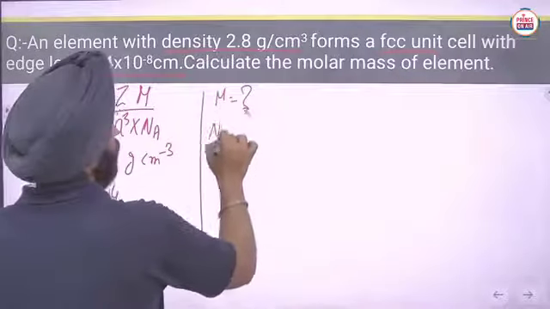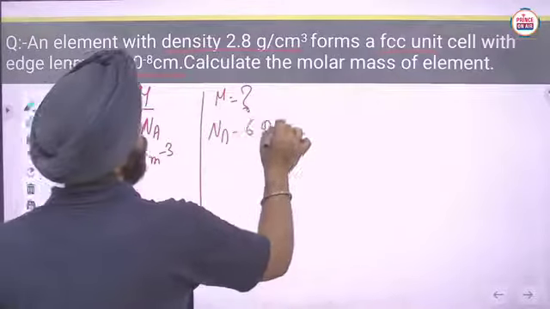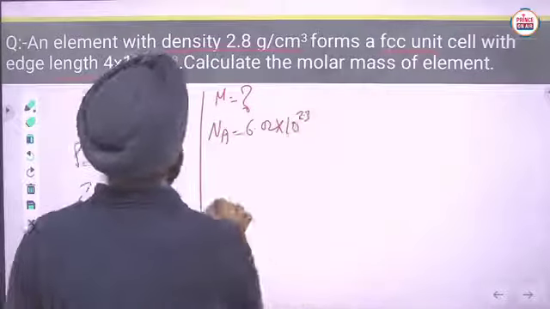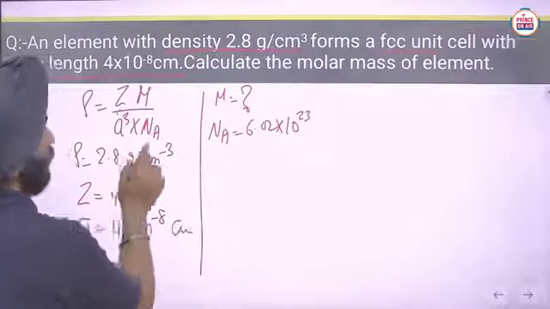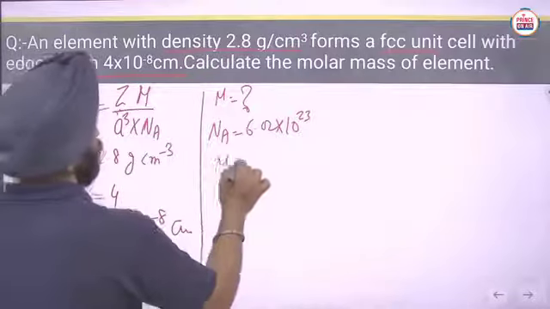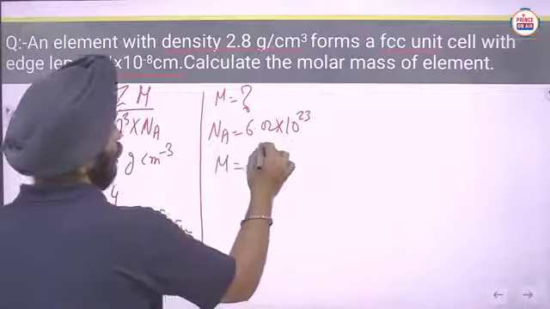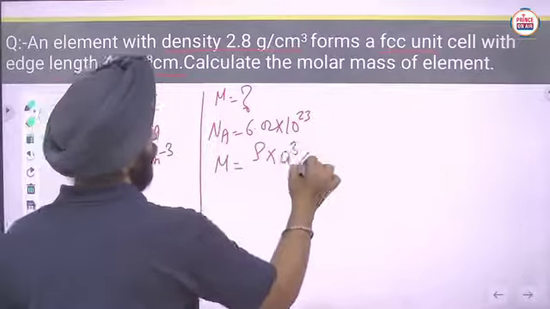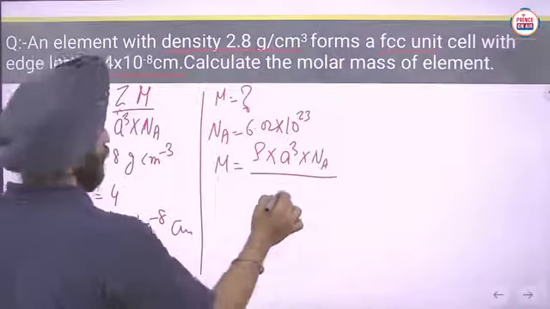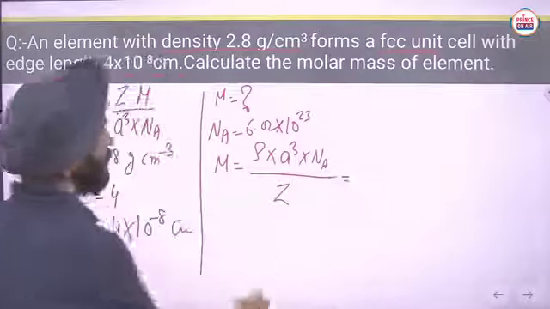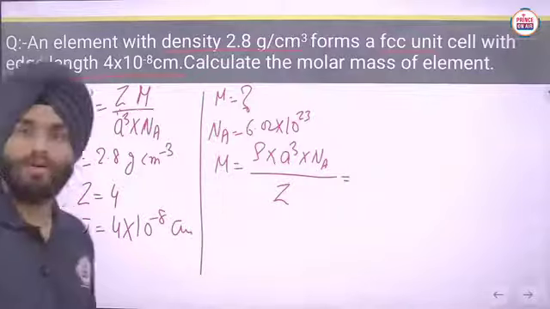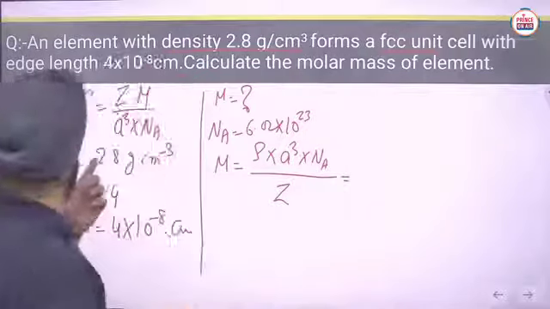Okay, Na will be 6.02 into 10 raised power 23. So the formula will become M is equal to rho into a cube into Na upon Z. What is the value of rho here? 2.8.